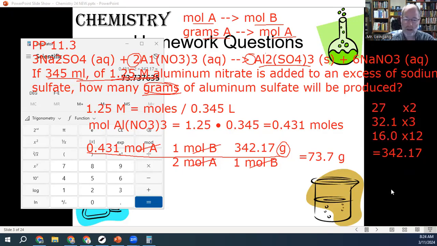All right, so get my calculator out. 27 times 2 plus the quantity of 32.1 times 3, end parentheses, plus the quantity of 16 times 12, end parentheses, equals, and I get 342.3.